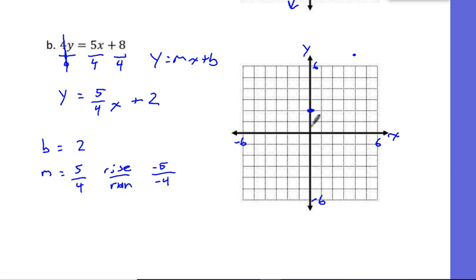So we could count down 5, 1, 2, 3, 4, 5, and the run, -4 to the left, 1, 2, 3, 4, and there's our points, which we can connect using a straight edge. Unfortunately, I have to freehand this on this program. So your line will look much better than mine as you are graphing and following along.